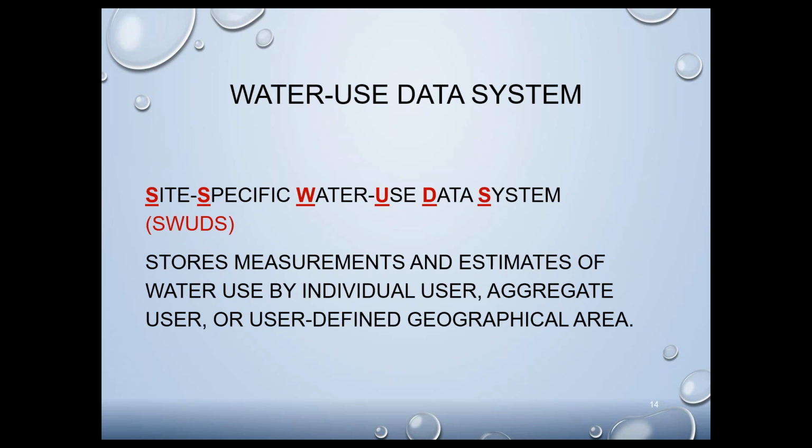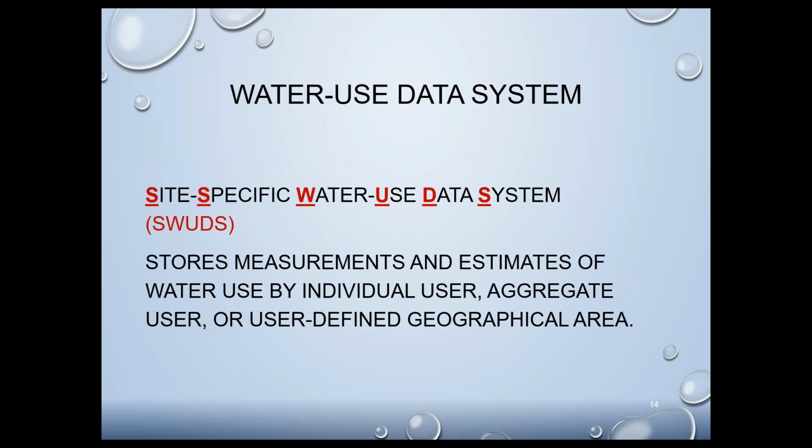Water use data system: our site-specific water use data system, or SWUDS, stores measurements and estimates of water use by individual users, aggregate users, or user-defined geographical areas. There is also an AWUDS system. SWUDS is the site-specific one.